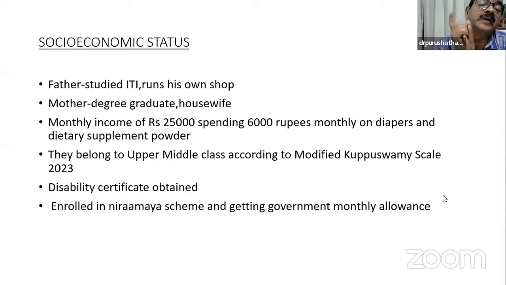How much is the amount that they are getting from the government? Suppose they are enrolled and have the UDID number. Niramaya is another scheme, but what should they be getting? According to them, they have received only thrice, and the support was only in the form of diapers. No money was given. How much are they eligible for?